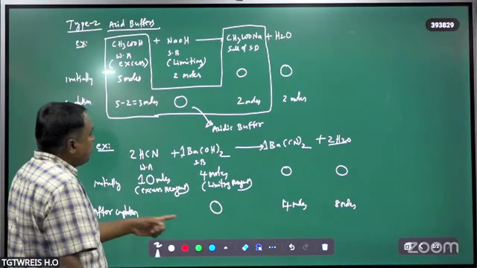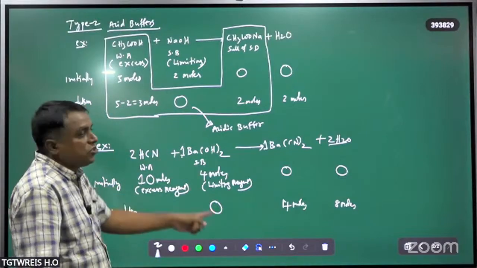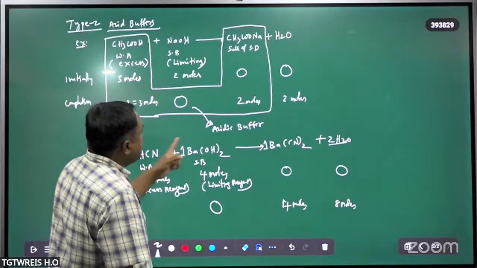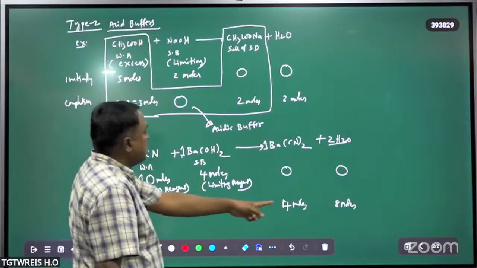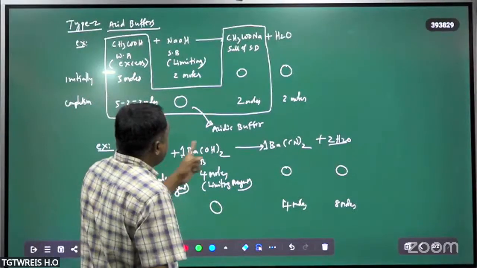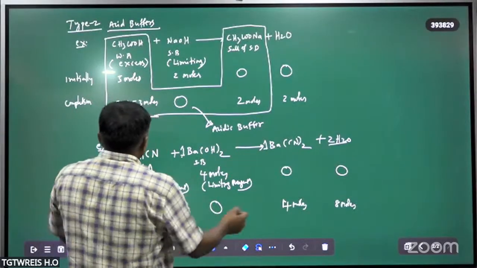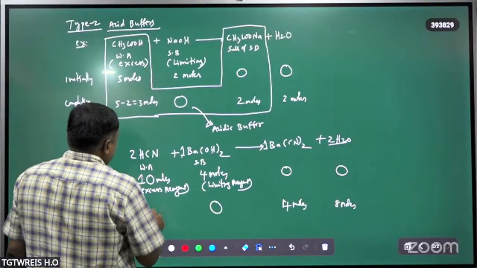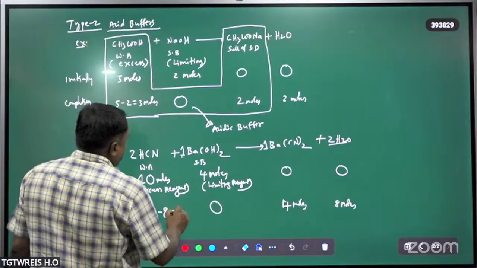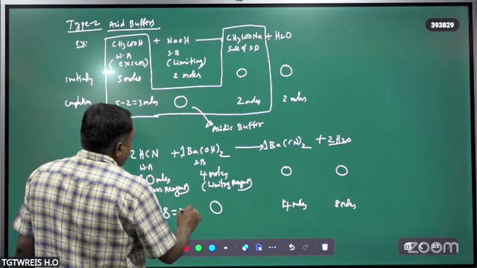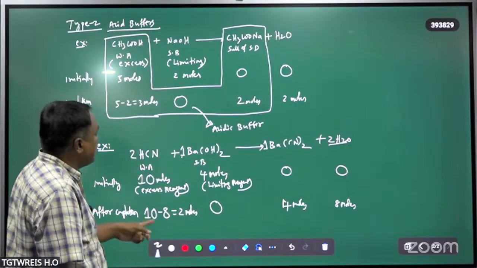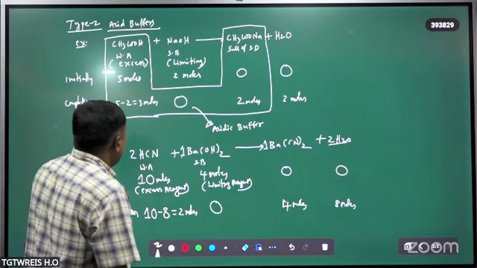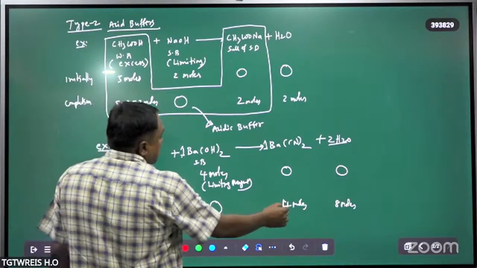Therefore, barium hydroxide should be 0. For 2 moles of HCN you will get 1 mole of barium cyanide, so for 4 moles of barium hydroxide, 8 moles of HCN are consumed. Initially it is 10 moles and this will be 2. Therefore, 2 moles of HCN are left in the reaction mixture. This is 0, and this is 4 moles.